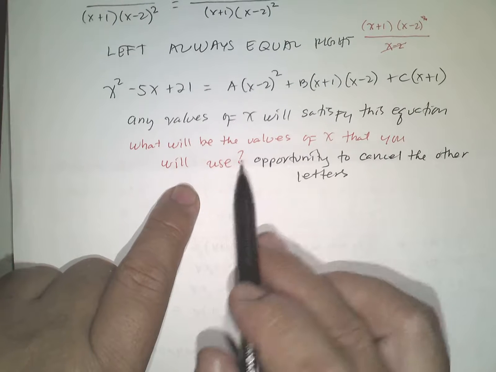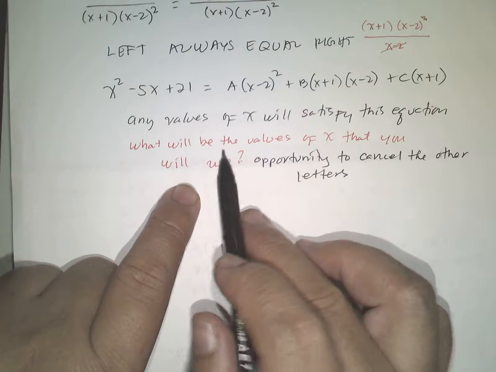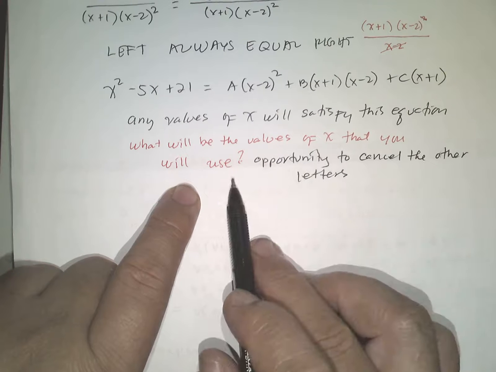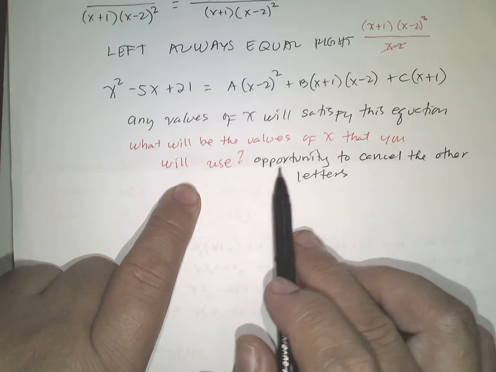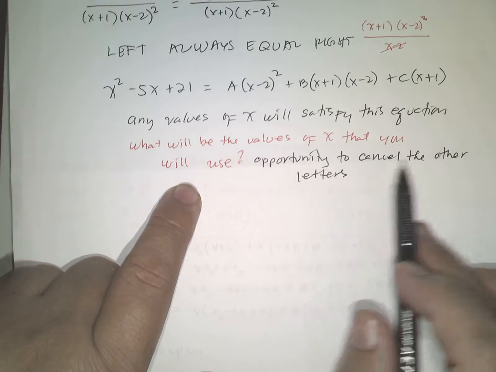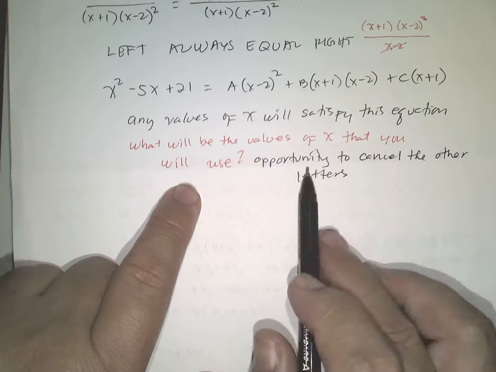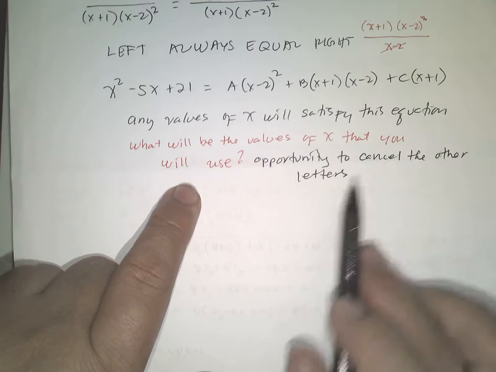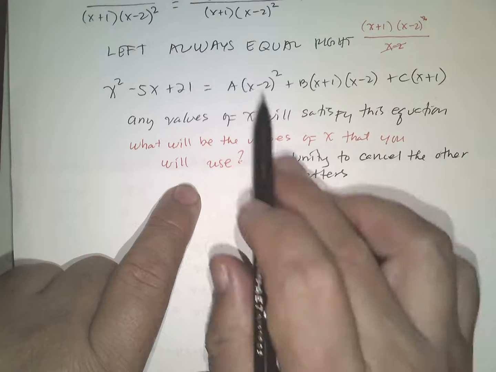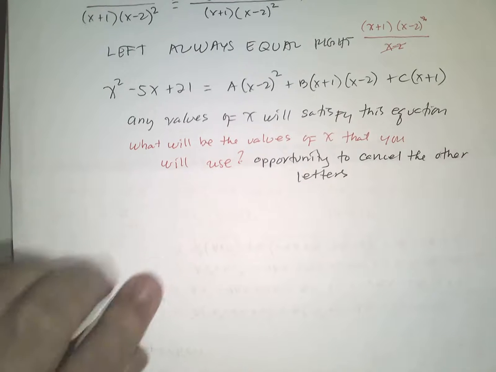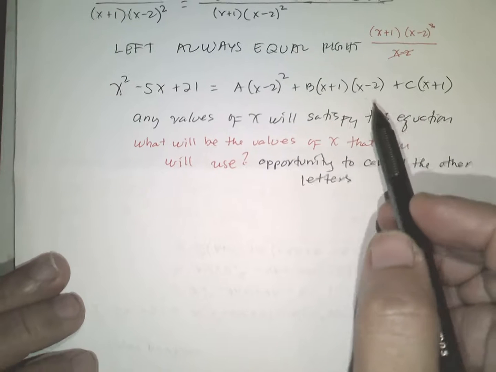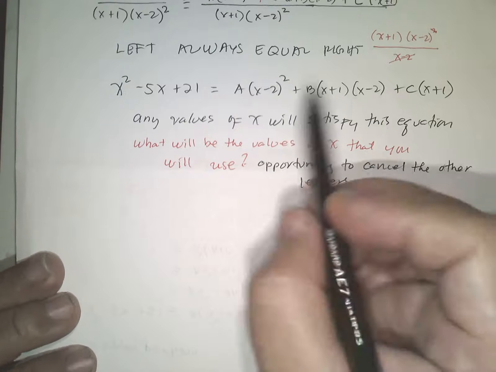So again, the strategy is to use any values of x that will give you an opportunity to cancel the other letters. Looking into this, what will be the best values of x?